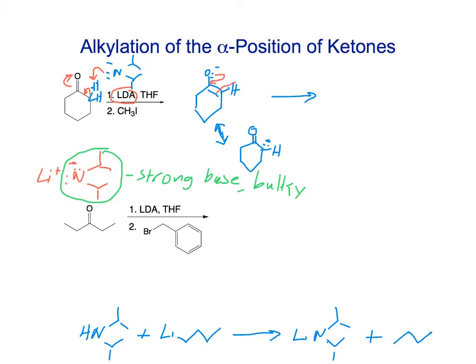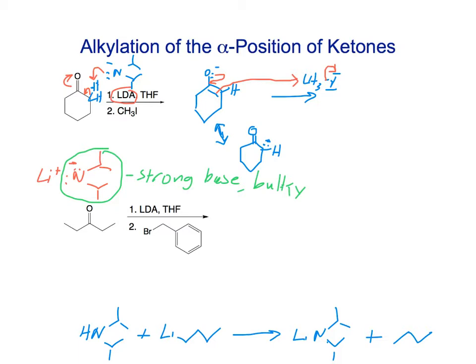Those electrons go there. Oops, I didn't even draw my arrow, couldn't see where it was supposed to go because I didn't draw this in here yet. Okay, so this is going to attack here. These electrons are going to go onto the iodide.